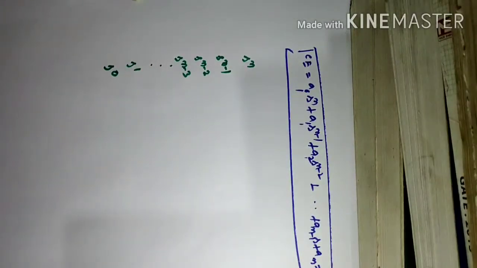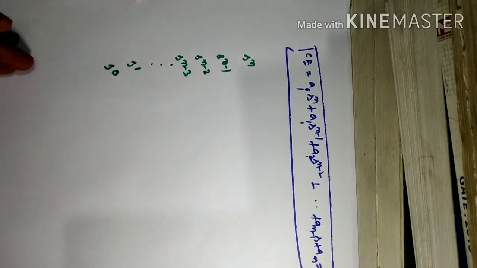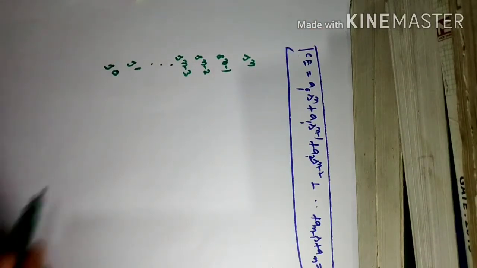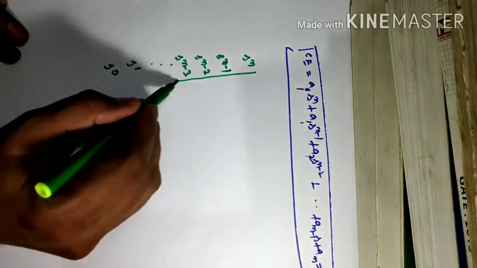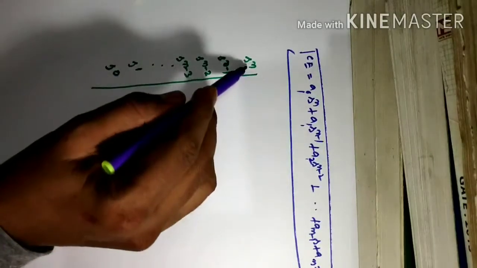So you write all the S power terms in a column. Then you make a line here and write all the polynomial coefficients.